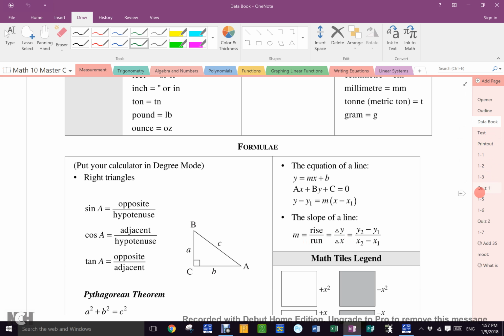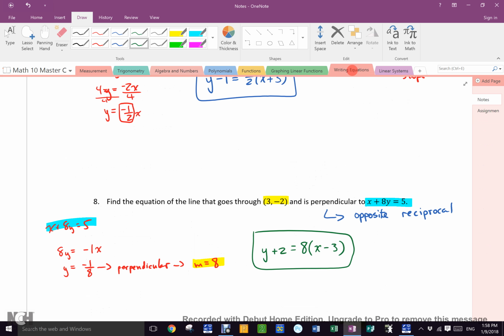Yes, Nick? I'll write it on the board for you. How did you get 2 plus 2 on the last question? I will get to that right now. If you need to stop for the mistake to be on the test? No, none of this will be on tomorrow's test. The concepts will be.